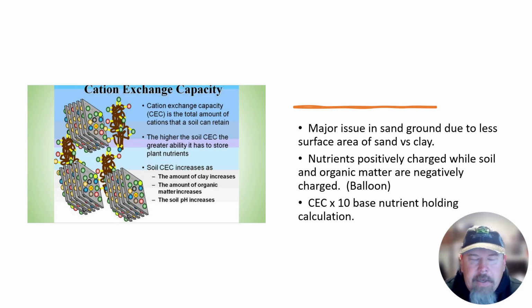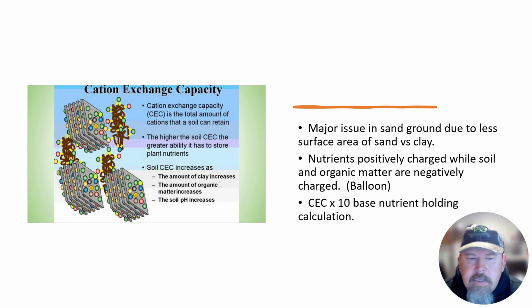So if we stop and think about this now, if we have very poor soils and we put down a bunch of fertilizer, we've already knocked a large portion of that off if our pH is not in a desirable zone. And then if our CEC is not in a desirable zone, we're knocking another big chunk of that out.